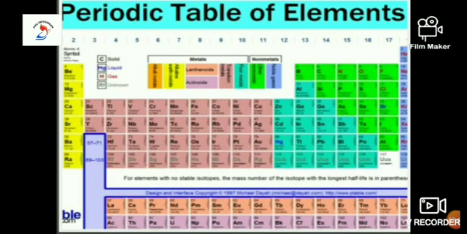Now you can see this periodic table. This tells you how the elements are placed in the periodic table.